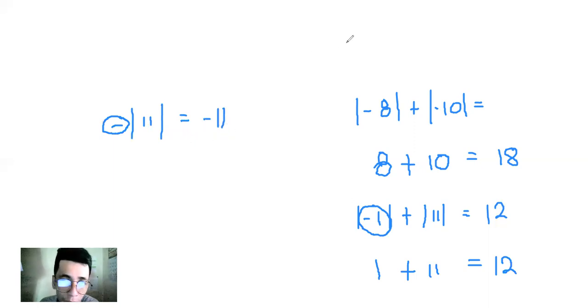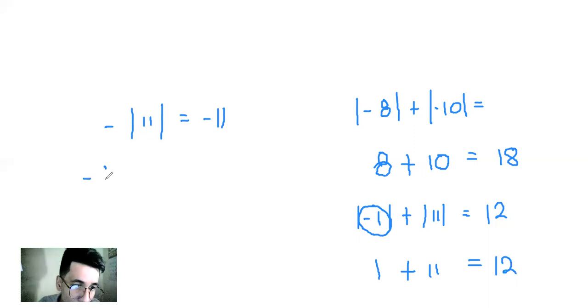Bakit negative 11? Because this negative sign is not under the absolute value. Only this 11 will have the absolute value of 11. Kaya naging positive 11 siya, although positive na naman siya. But this negative sign will remain negative. Okay? Kaya ang sagot natin is negative 11.